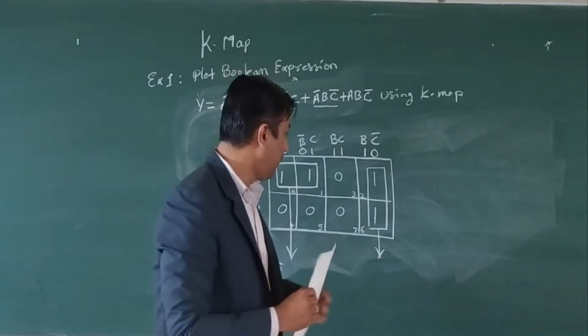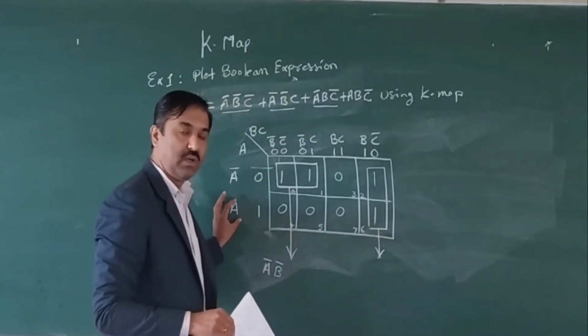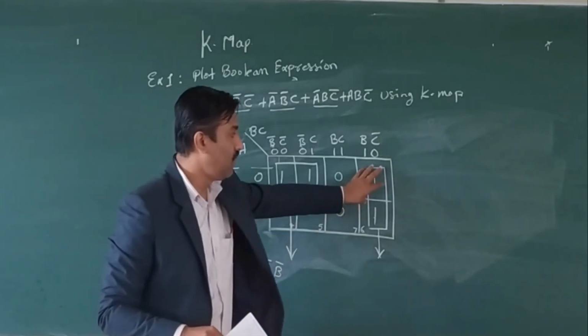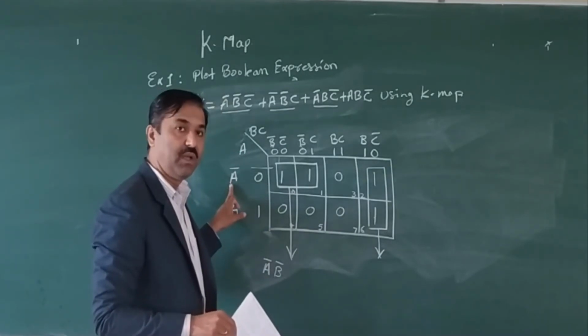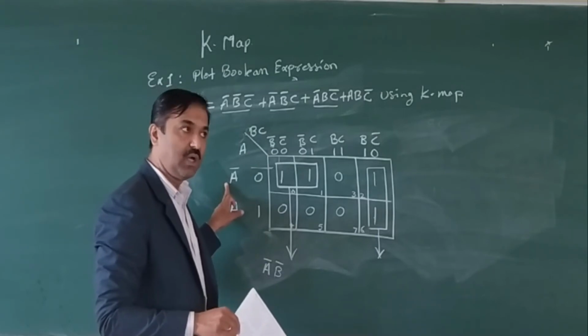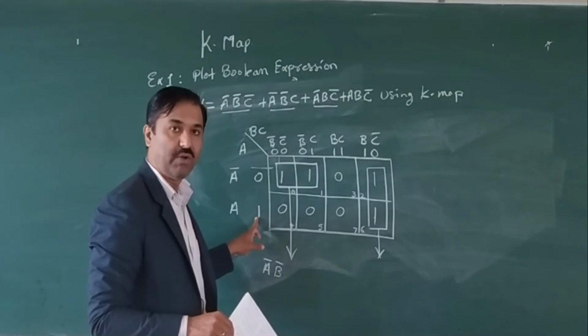So for this particular one, the value that is going to be stored in the variable A is 1. For this one, the value that is going to be stored in this variable is 0. So I have represented it as A bar in complemented form. Here it is in uncomplemented form because it is holding the value 1.